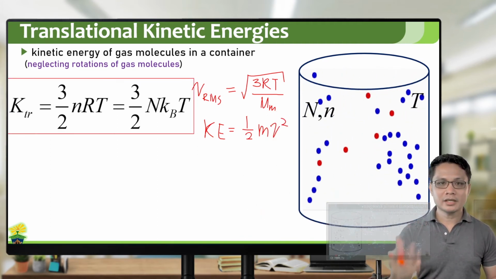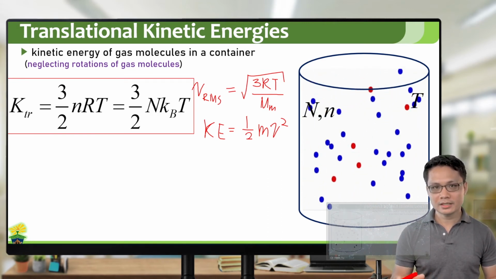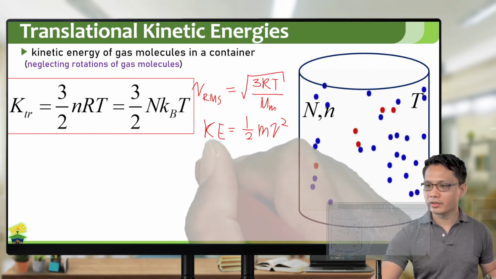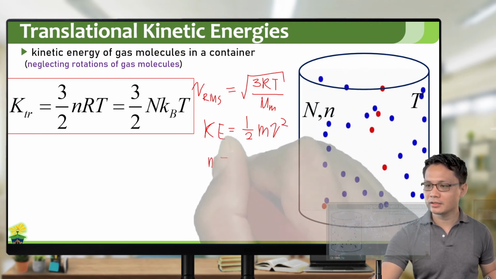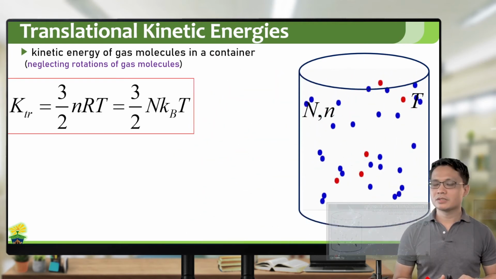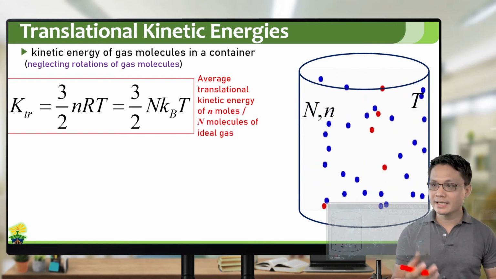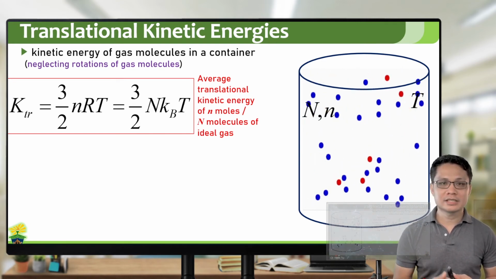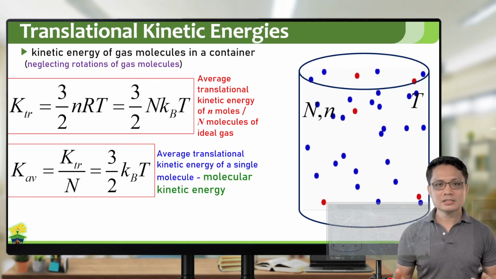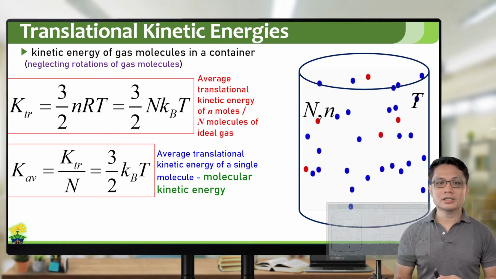We have the translational kinetic energy K to be just equal to 3/2 nRT, where again this nRT is taken from here, where n is equal to m over M. So this is now what we call the average translational kinetic energy of the n moles or number of molecules of ideal gas. And we have this expression as the average translational kinetic energy of a single molecule. This is the molecular kinetic energy.